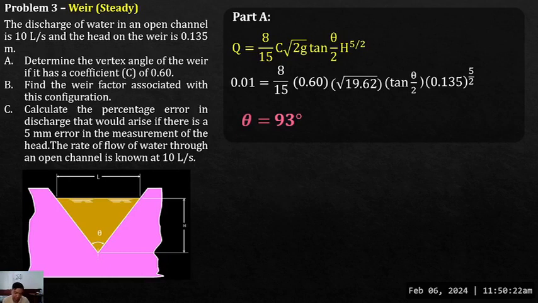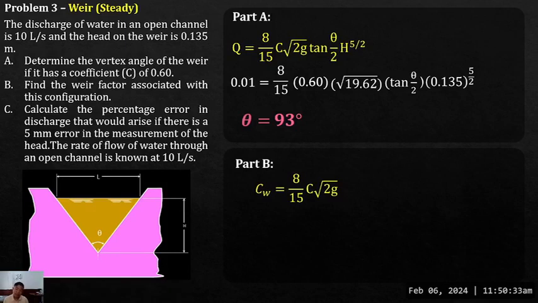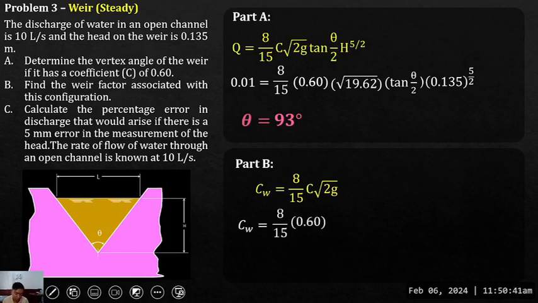Letter B, determine the weir factor associated with this configuration. So again, yung weir factor, that is simply, start ka sa 8 over 15, C square root of 2G. Yan lang po yung weir factor natin. So substitute lang po tayo, 8 over 15 times yung C coefficient na 0.6 times the square root of 2G, that's of course square root of 19.62.